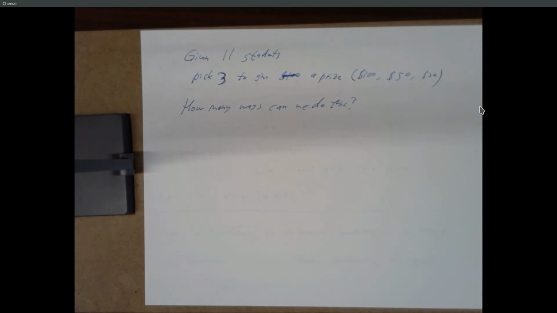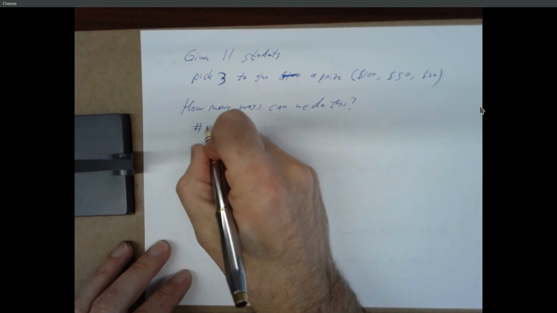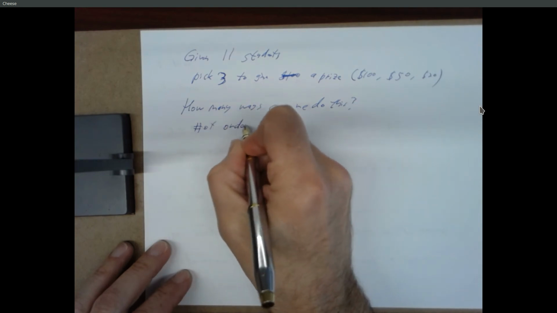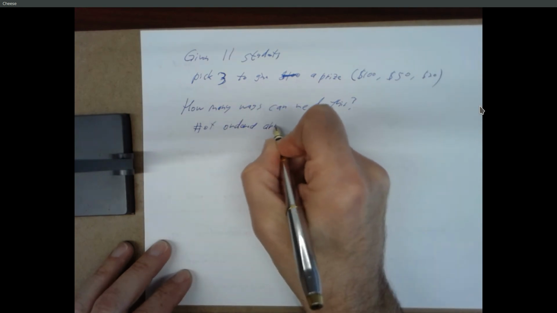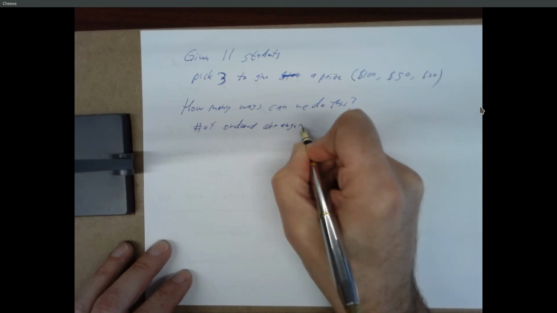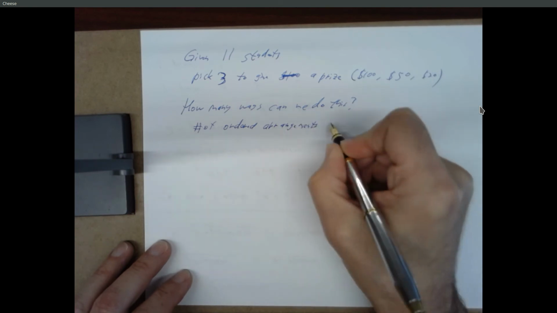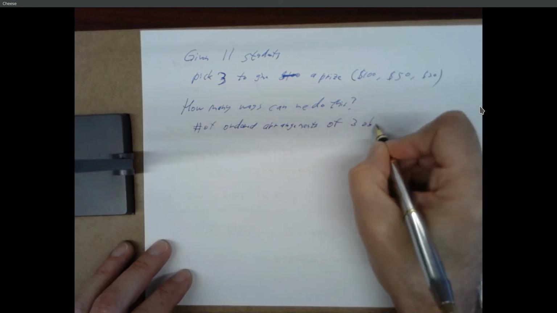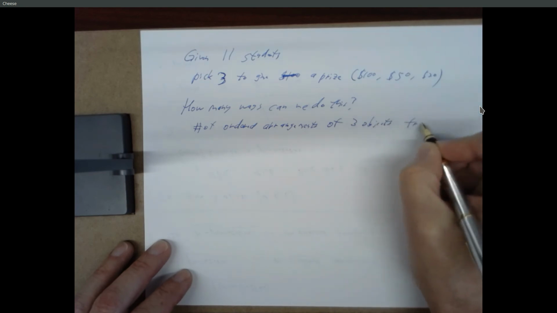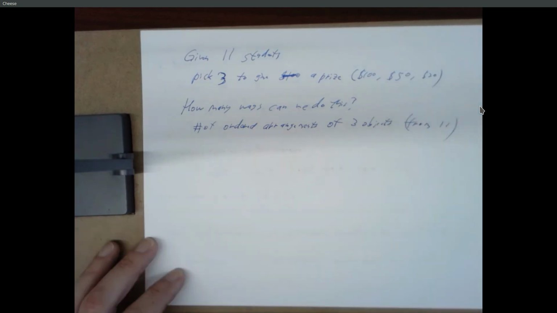In other words, how many ordered arrangements are there? So the number of ordered arrangements of 3 objects taken from the set of 11.